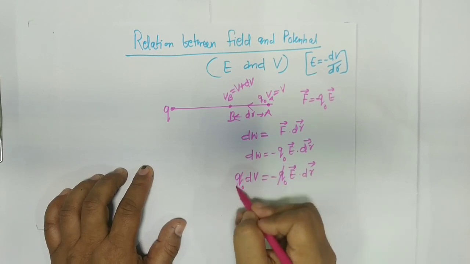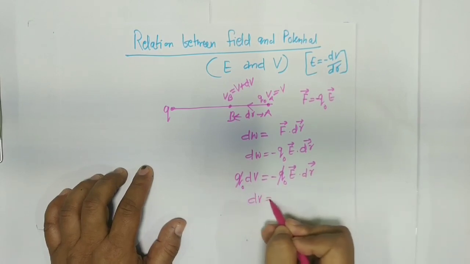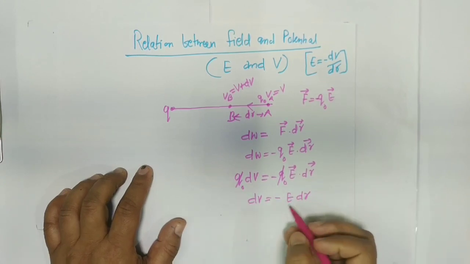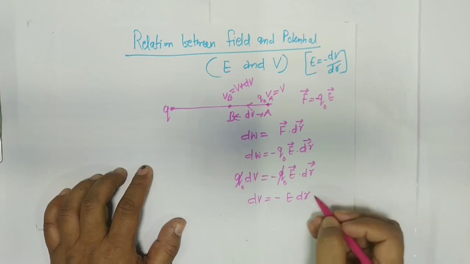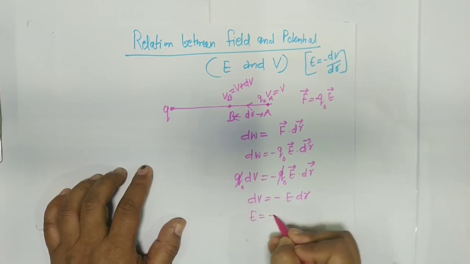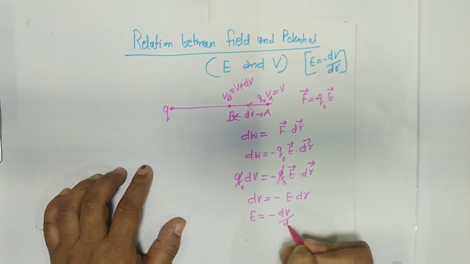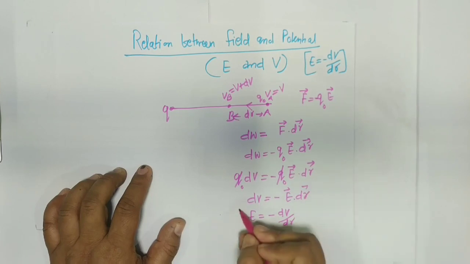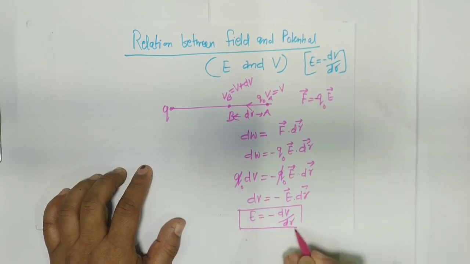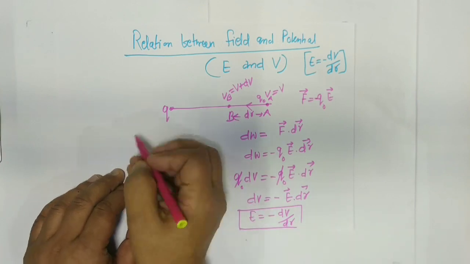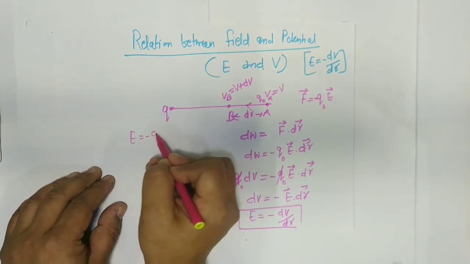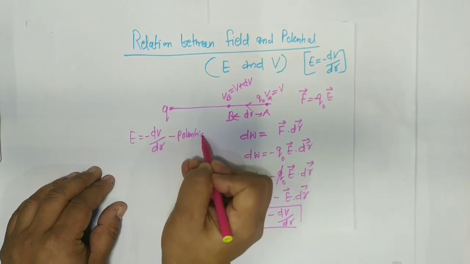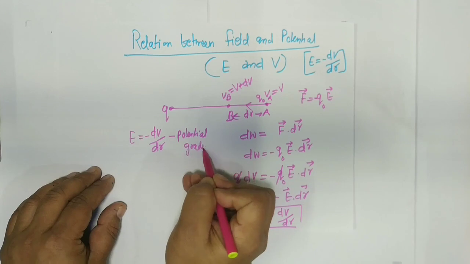So minus Q naught E dot dr, and you know this Q naught cancels out. dV will be minus E dr. So E will be minus dV by dr. So this can be written as E is minus dV by dr, and this is actually the potential gradient.